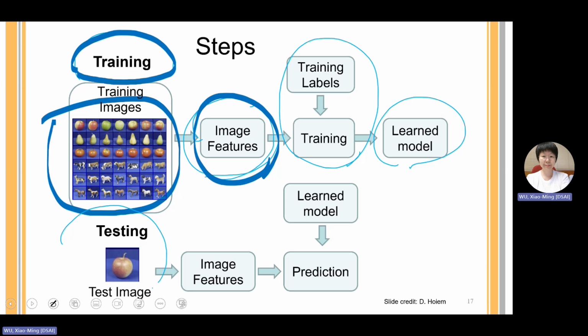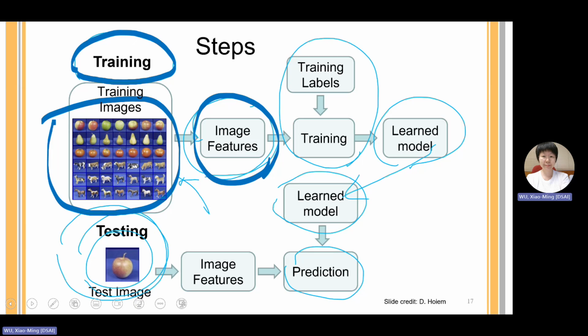And during the testing phase, we apply the trained model to make predictions on unseen samples. What are unseen samples? The images or samples that do not appear in the training data.